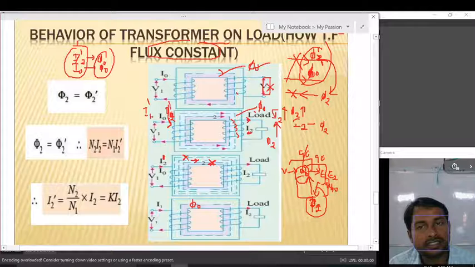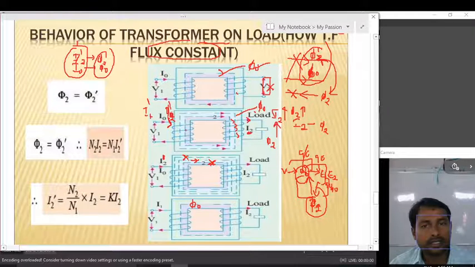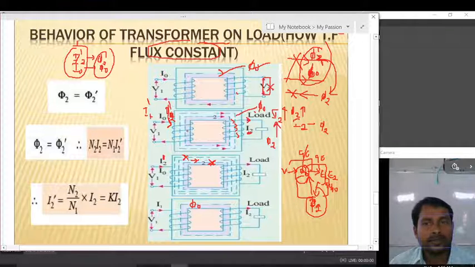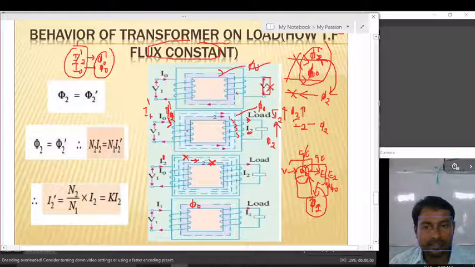In this way, whatever the load increase at the secondary, the compensating current at the primary side also increases. The increased flux phi 2 at the secondary and the increased flux phi 2 dash at the primary are equal and opposite, and cancel each other, and only the no load flux exists in the transformer core.